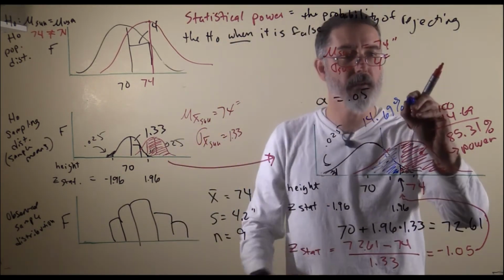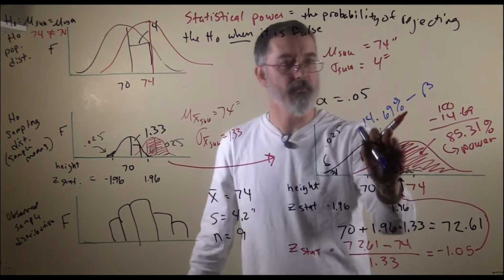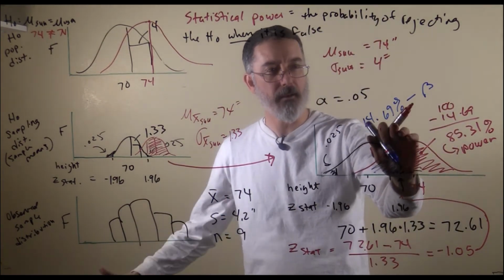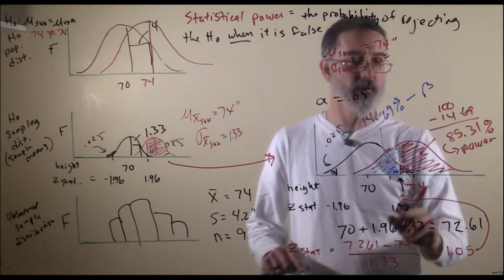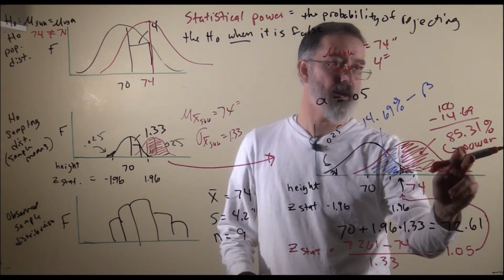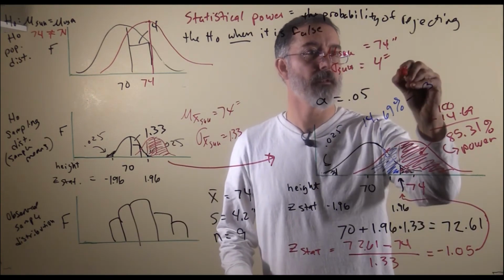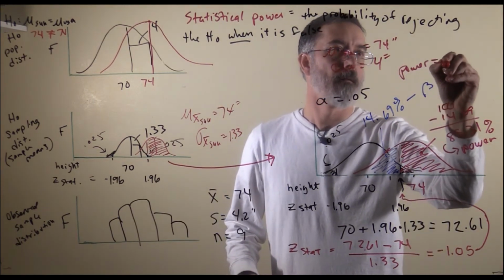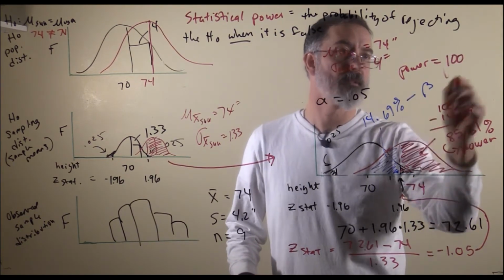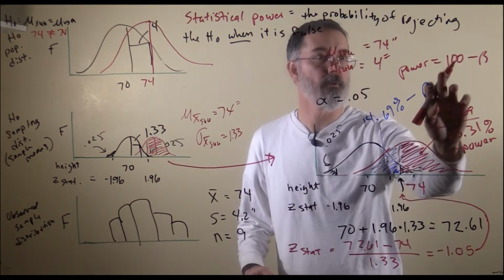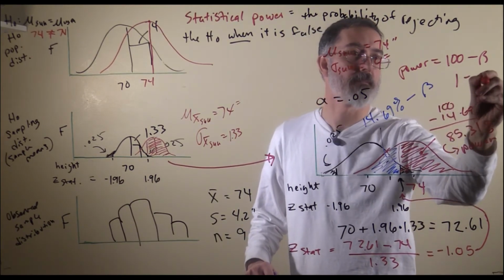And this blue one here is beta, the probability of making a type 2 error, the probability of failing to reject the null hypothesis when it's false, right? And so we actually calculated power by using the power formula of, in this case, 100, because we're working in percents, minus beta. So if we were working in proportions, it would have been 1 minus beta.